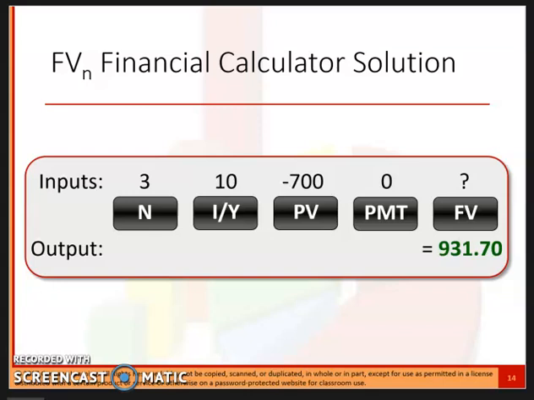Then our calculator. 3 years, so 3 N, 10%, 10 I/Y, negative 700, and then 0 for our payment. So we're computing our future value. On the calculator, it's compute FV, and you should get $931.70.